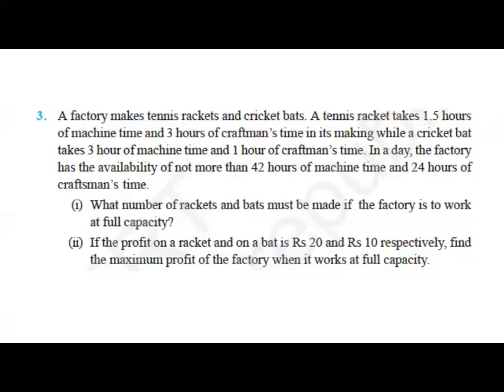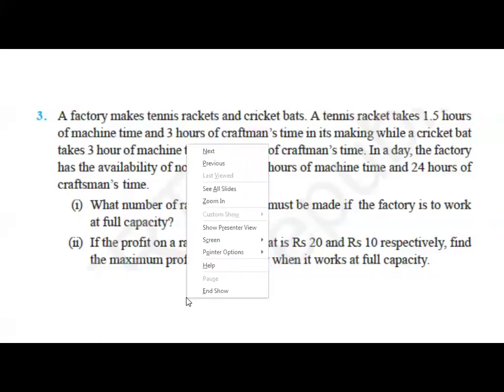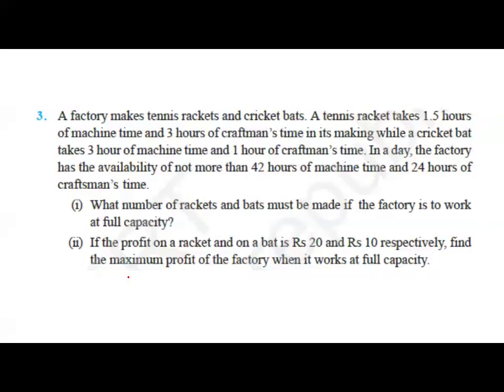What are we maximizing? 20x1 plus 10x2. Let's just call it Z. The objective function is Z equals 20x1 plus 10x2. Now, what else is given?